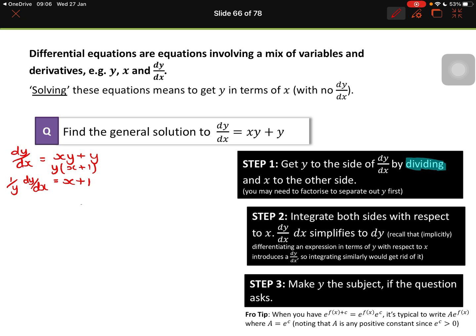Okay. Next step is to integrate both sides with respect to x. So what we end up with is the integral of 1 over y dy/dx dx equals the integral of x plus 1 dx.